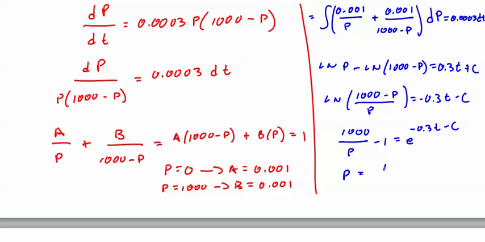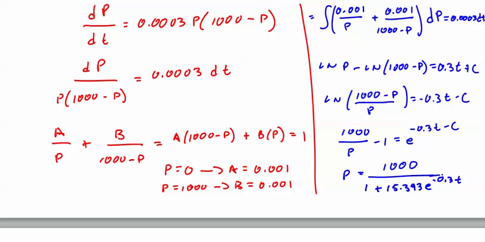And we get P equals 1,000, hey, that looks like a familiar number, over 1 plus 15.393 e to the negative 0.3t.